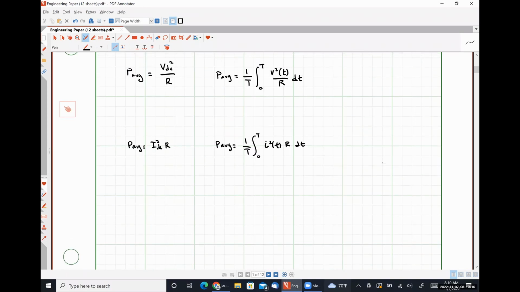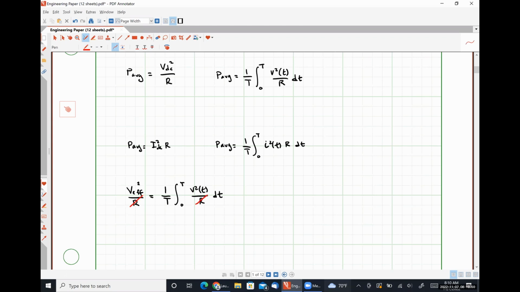So if we say that V effective, which is the DC value that we're solving for, squared divided by R is equal to 1 over T times the integral from 0 to T of V squared over R dt, we can observe something interesting right from the jump.